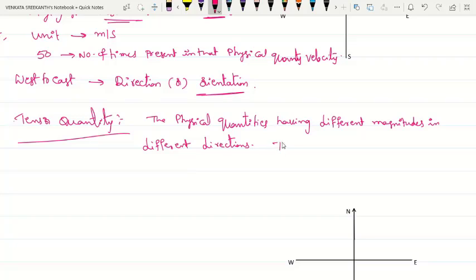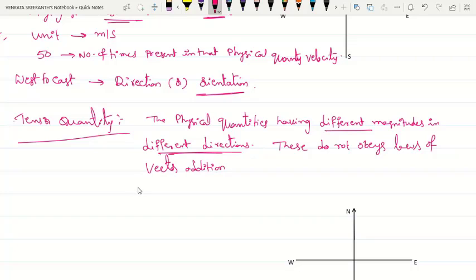See here, these do not obey the laws of vector addition. Maybe you have a doubt: Sir, if these physical quantities do not obey laws of vector addition, can we call them scalar? Scalar quantities mean only magnitude, but here we have different magnitudes and different directions.